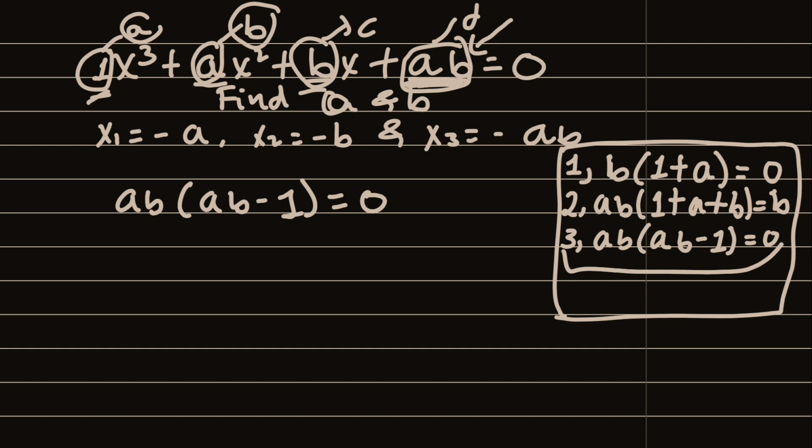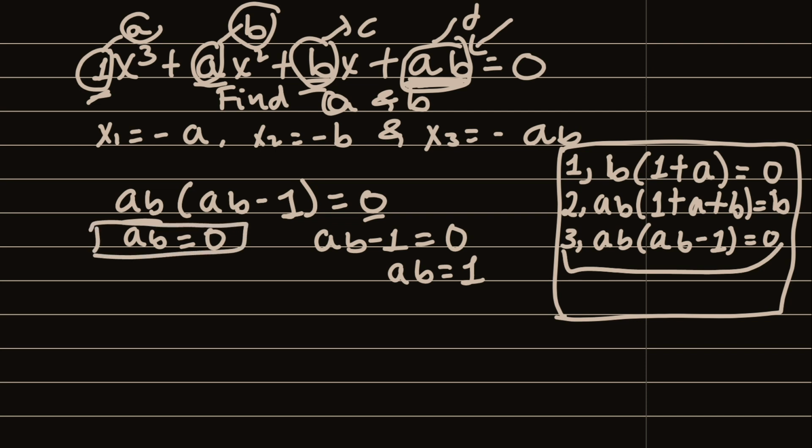The first one is ab is equals to 0. The second one is ab minus 1 equals to 0. This means ab equals to 1. So we will consider these two cases.